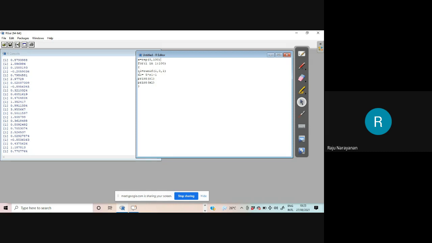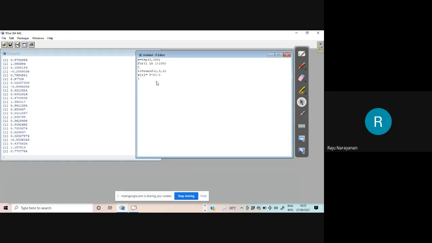Okay? Then x is equal to this, r is this one, xi is 5 into r1, etc. Then this is not needed. That is needed only outside the loop.